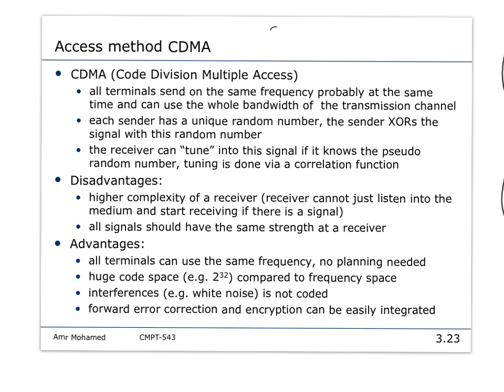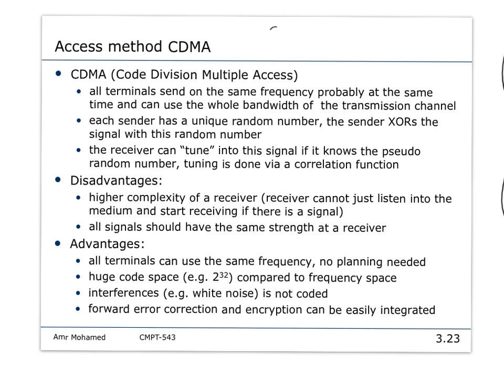Yes, and that's why CDMA is being used for 3G on a very large scale. Why? Because we don't have this issue. We don't have this issue because we always communicate to the base station, and that's a good point. So the base station needs to have the codes for all the nodes, and that's possible because the base station is highly complex.